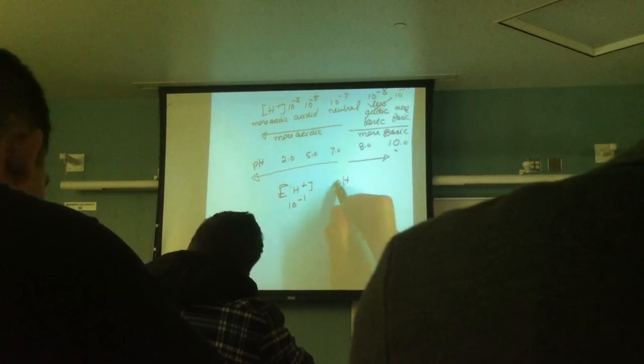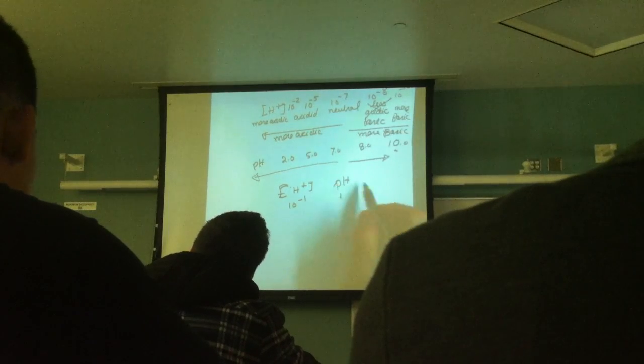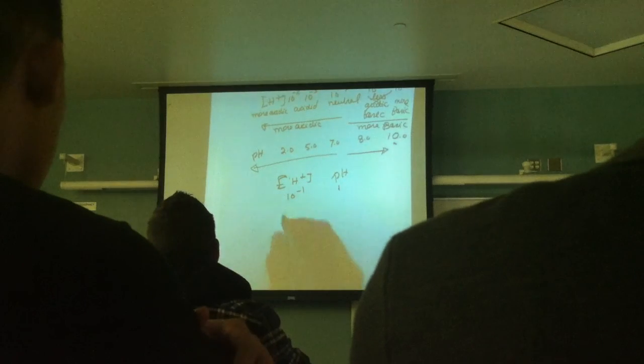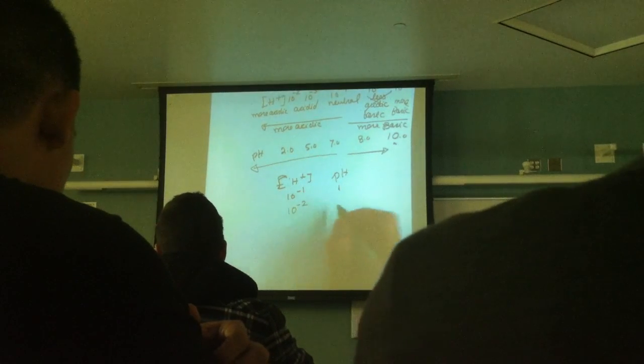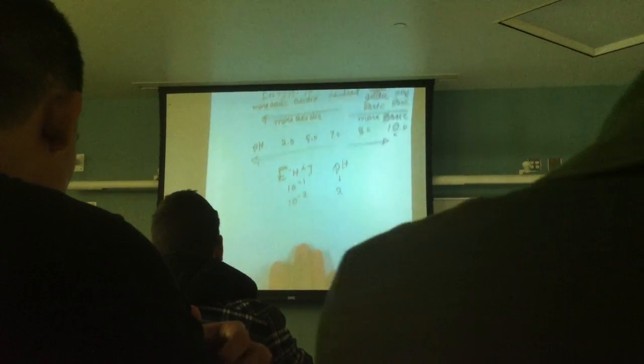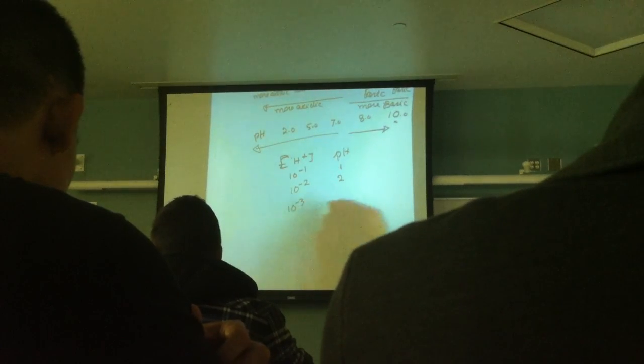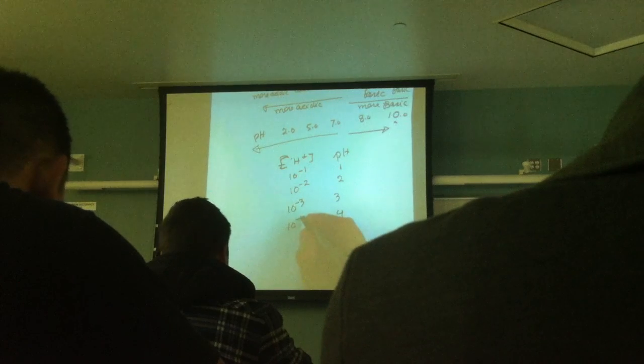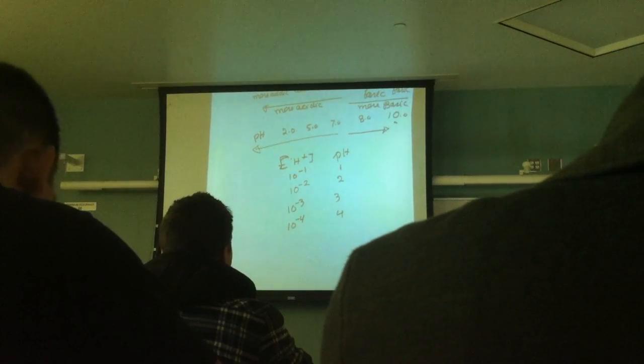Make sure lowercase p, young people. If you put uppercase p, people will not know what you're talking about. If the hydrogen ion 10 to a -2, pH is 2. 10 to a -3, pH is 3. Who's talking, guys? Young people at the back.